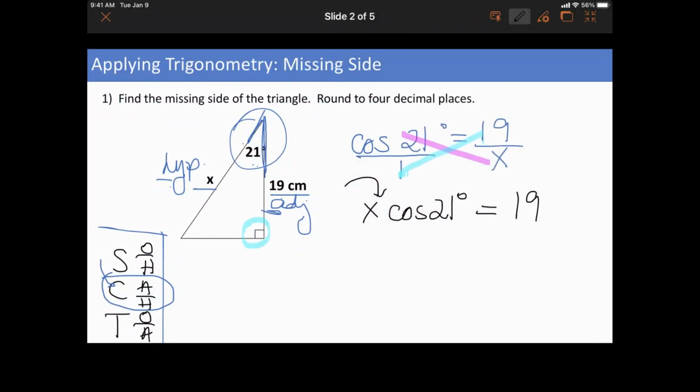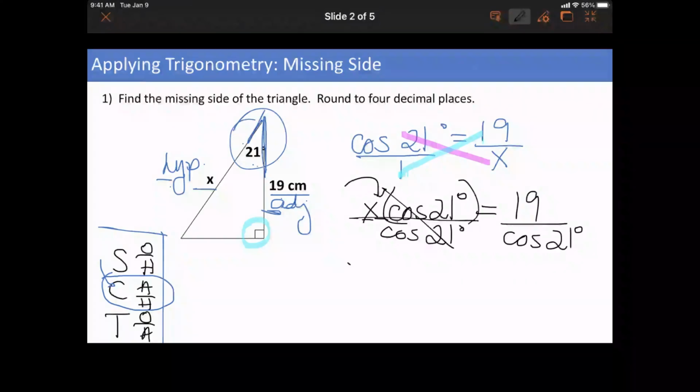Now, once you get to here, because this is connected by multiplication and its inverse is division, this will really depend on your calculator and the keystrokes that you're going to type in. So we've talked about that. I'm going to do approximate because we're going to get a decimal.